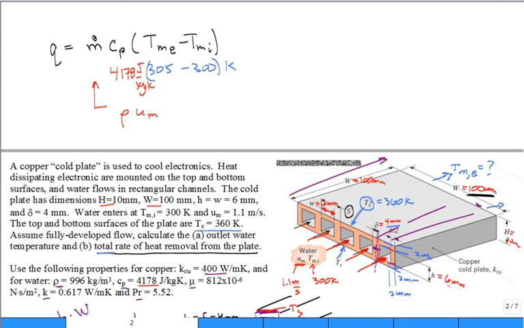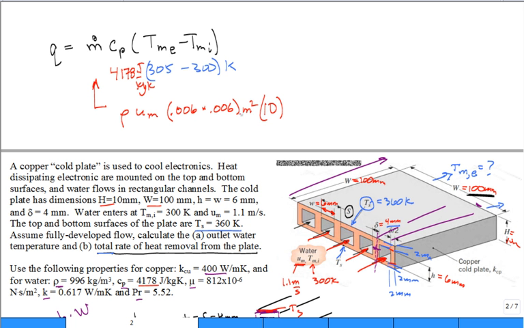For one channel, it's 6 millimeters by 6 millimeters, 0.006 times 0.006. That'll give me meters squared, but there's 10 of them, so that gives me the total mass flow rate. And then there you go.